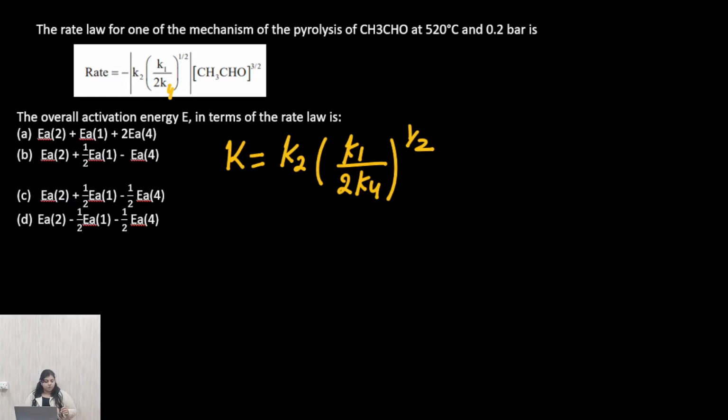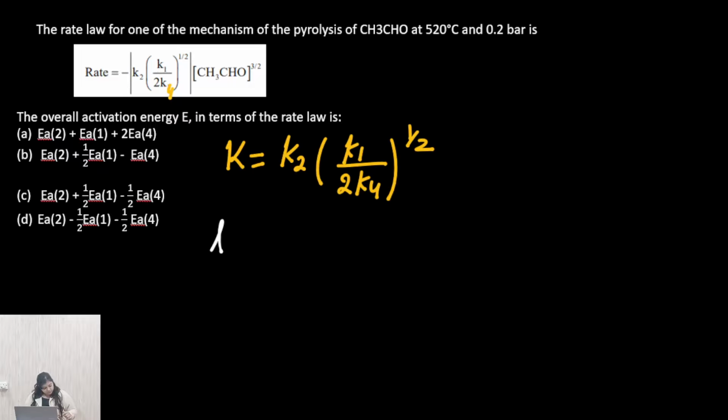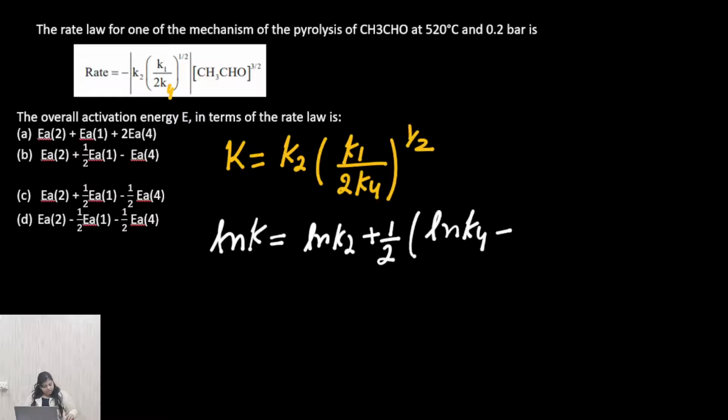Take the natural log on both sides. We will be getting natural log of K. This is equal to the natural log of K2 plus 1 by 2 into the natural log of K1 minus the natural log of 2 into K4. Right?